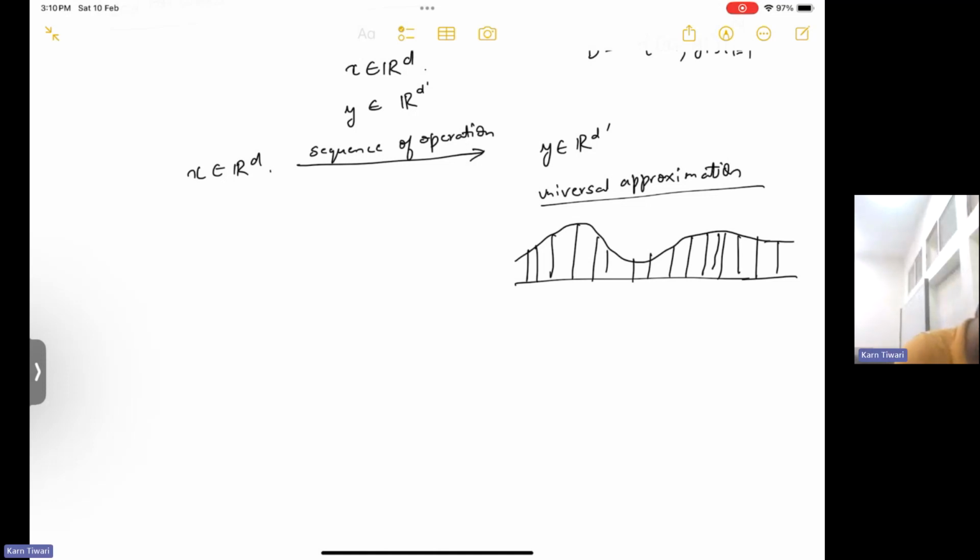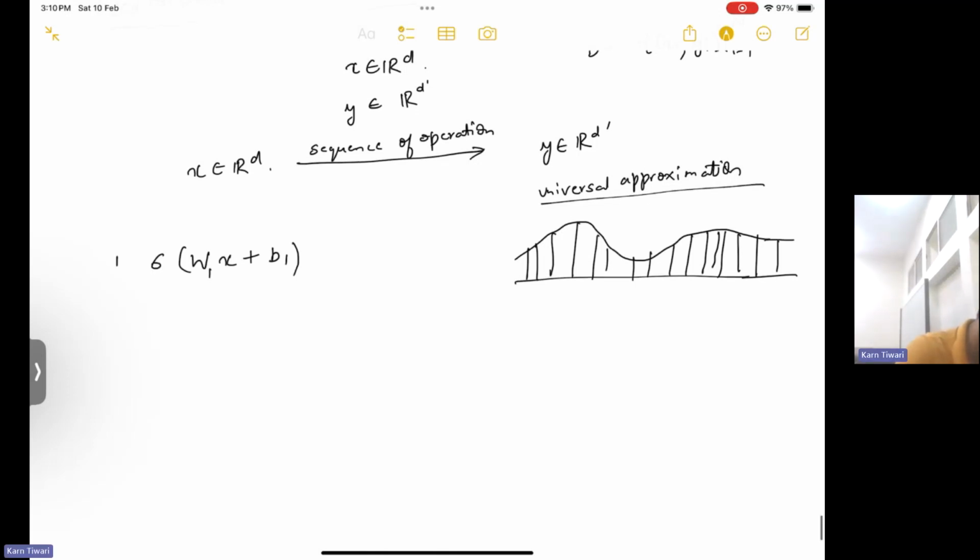So if we have an input, we were multiplying it by certain weights, then adding a certain bias, then applying a non-linearity to it. Again, multiplying it by certain weights, adding bias, and again applying the activation. So this sequence can go on.